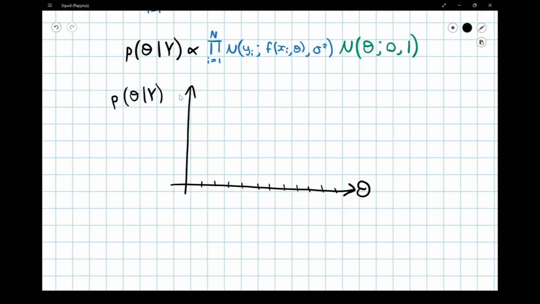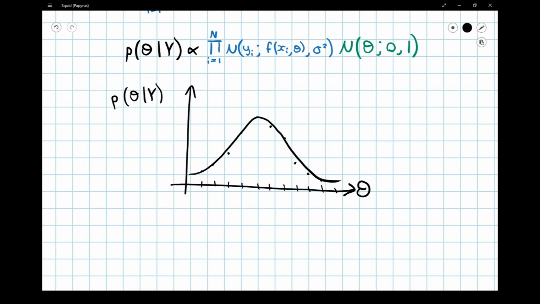So we can just try different values of theta, plug them in, and we'll realise some points, and we can join them up, and there we have it.